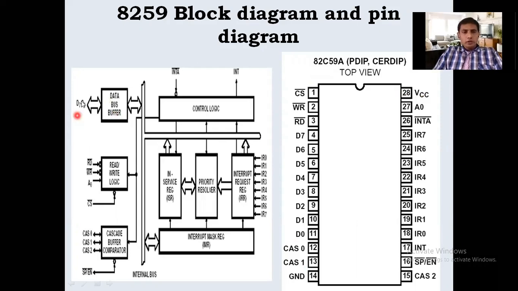Coming to the block diagram, let us see what the various blocks present are. One is called the control logic. Then a total of 4 registers are present here: the interrupt request register, short name IRR, then the priority resolver, then the in-service register, nothing but the interrupt service register, short name ISR, then the interrupt mask register, short name IMR.